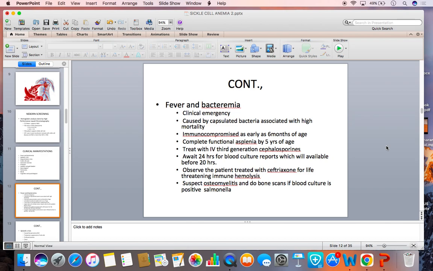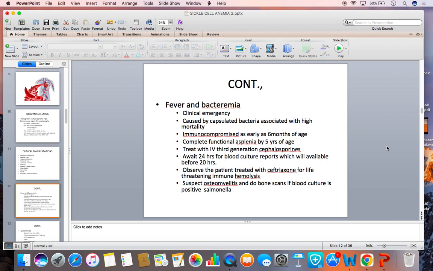Treat with IV third generation cephalosporins. Await the 24 hours blood culture report. Observe the patient treated with ceftriaxone for life-threatening immune hemolysis.